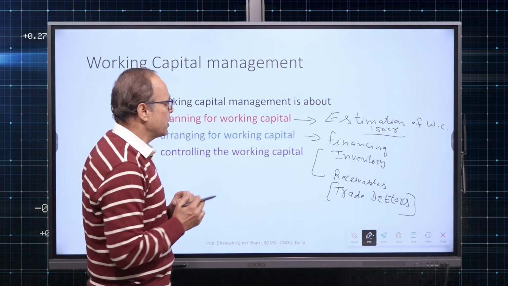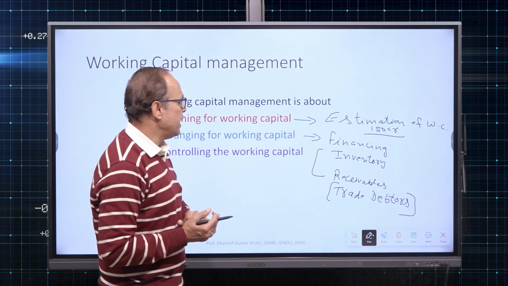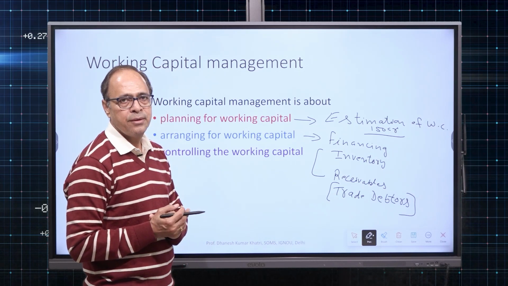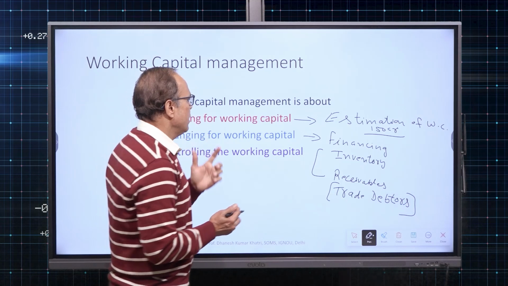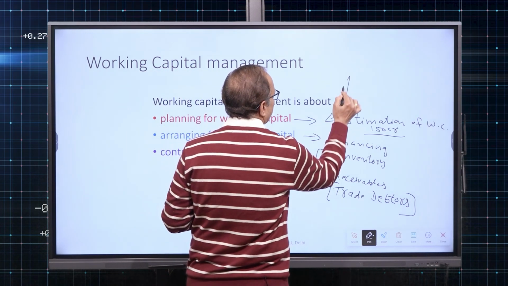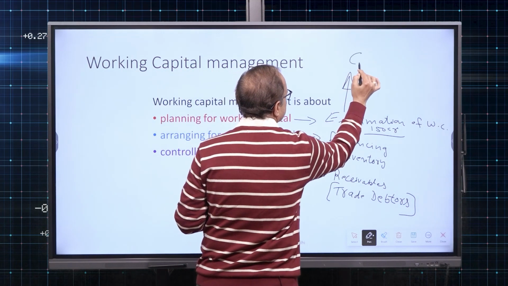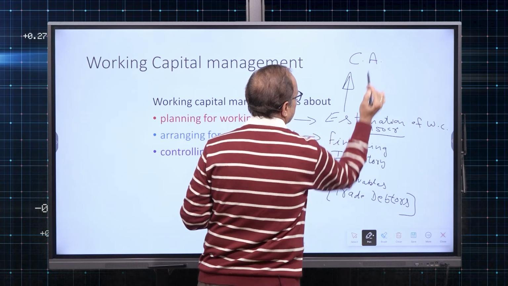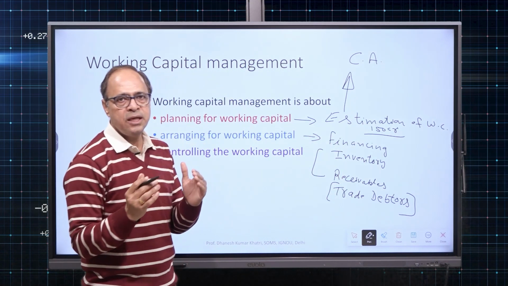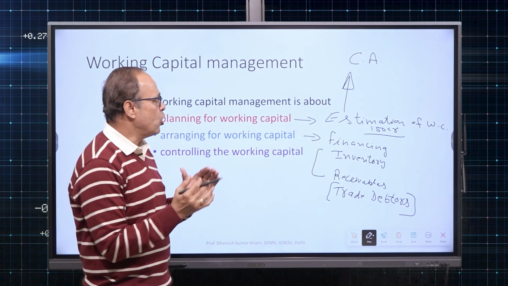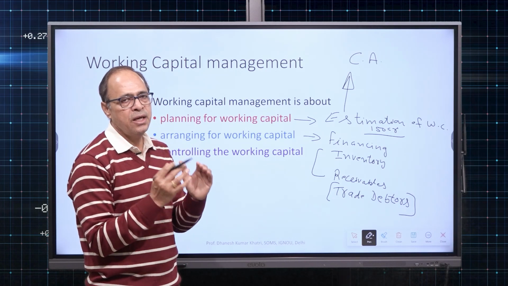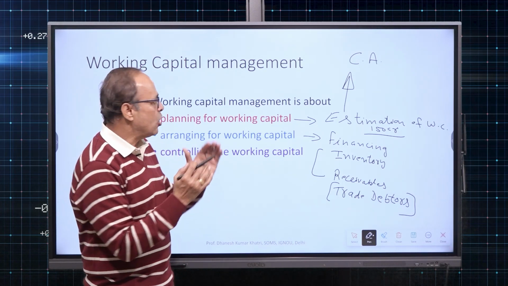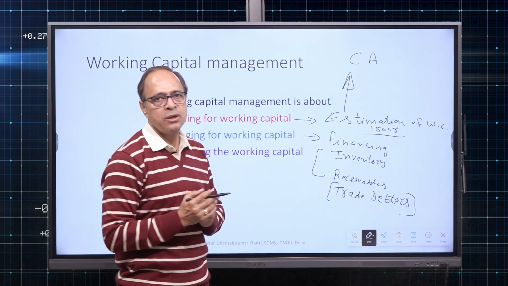Now, what will we be doing? We will be beginning with the estimation part. From the subsequent lesson, estimation basically will be done about how much investment is required in current assets. That means to say, to sustain a particular level of activity, how much investment will be there in raw material, in semi-finished goods, in finished goods, and how much of our funds will be blocked in receivables.